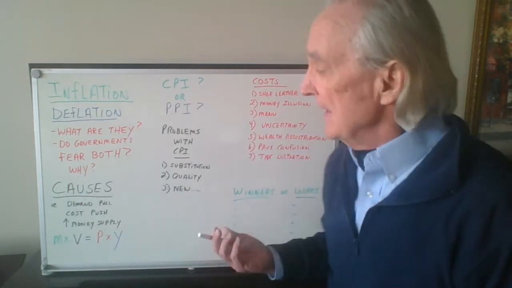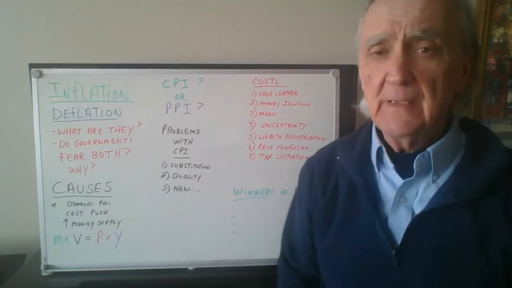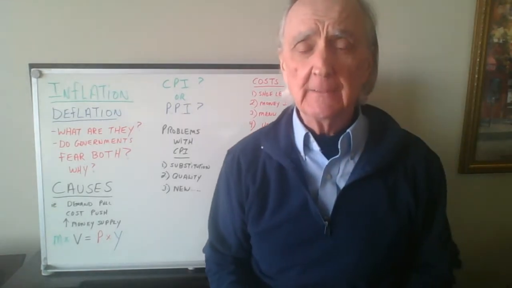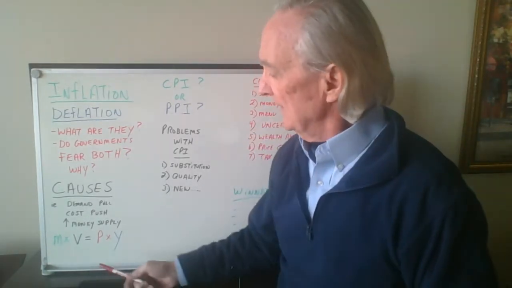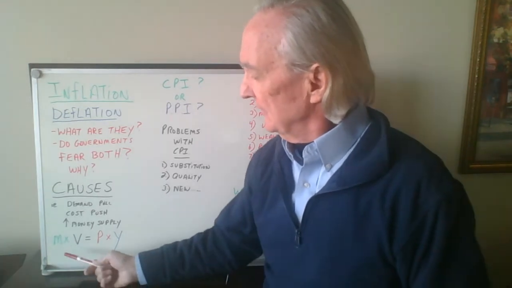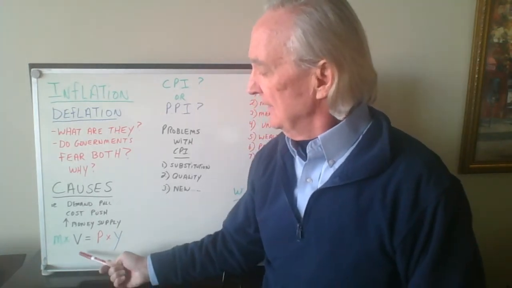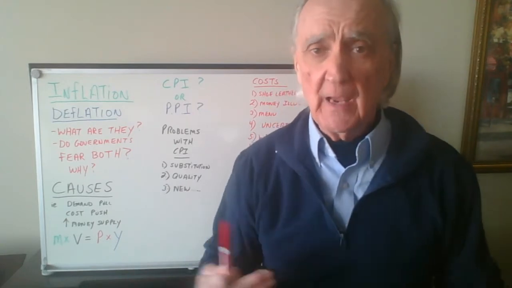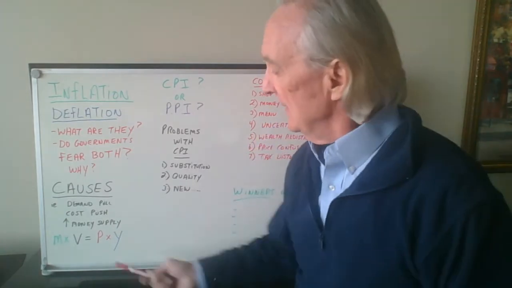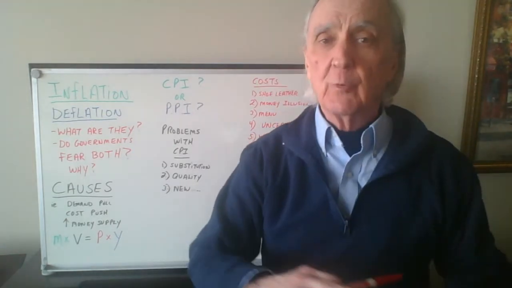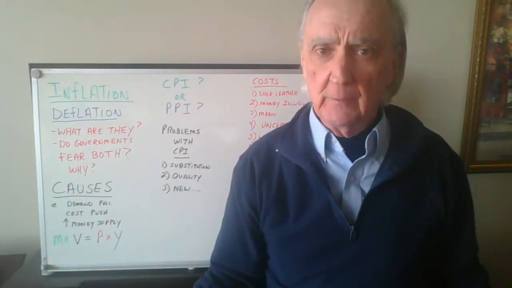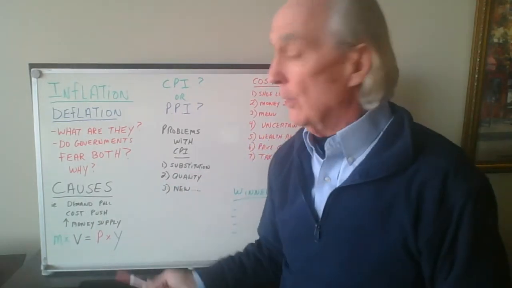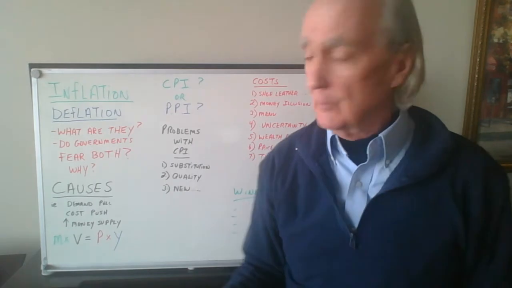Now, maybe it's not either one of these. Maybe it is something else. And when you looked at that equation of exchange, the money supply times the velocity, the number of times money turns over in an economy, is equal to the overall price level times everything, gross domestic product.